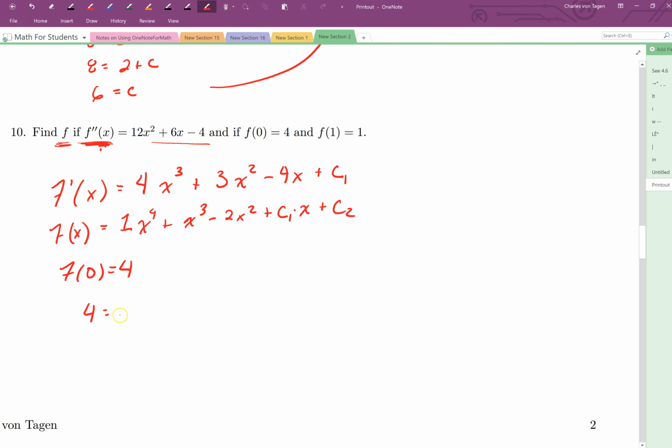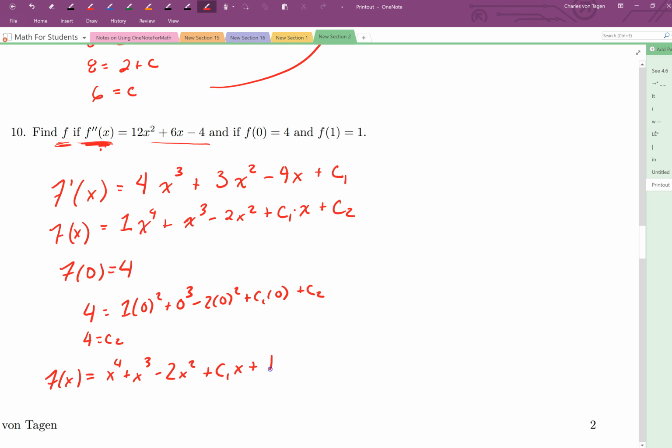So 4 is equal to 1 times 0 to the fourth plus 0 cubed minus 2 times 0 squared plus c1 times 0 plus c2. And with a polynomial, when you evaluate at 0, all variable terms vanish, and so we're just left with the fact that 4 has to equal c2. So now we know that f of x has to equal x to the fourth plus x cubed minus 2x squared plus c1x plus 4, because we just determined c2 is 4.